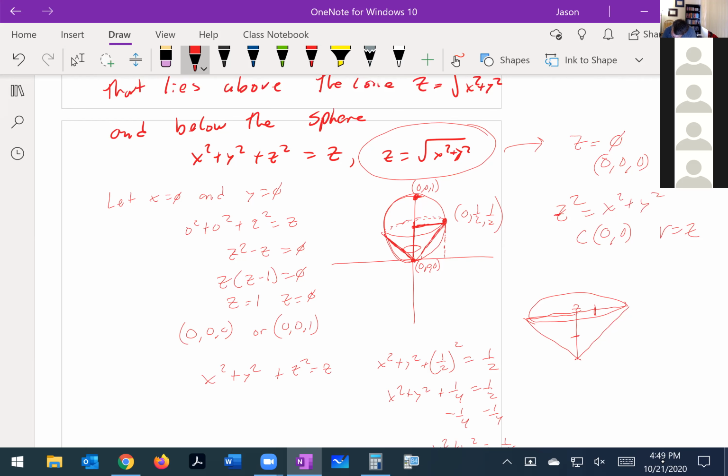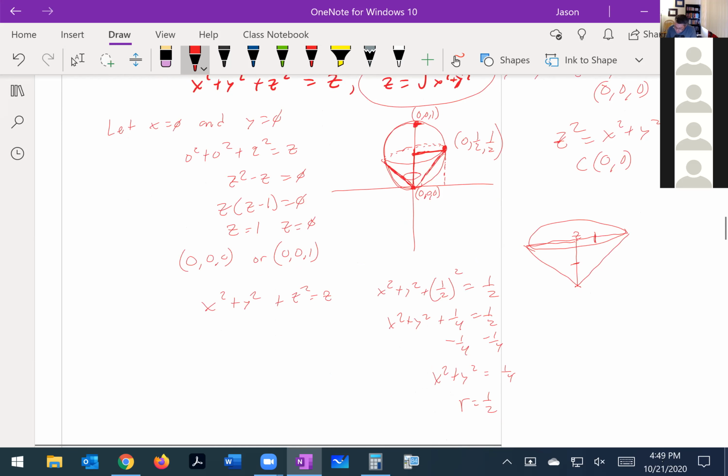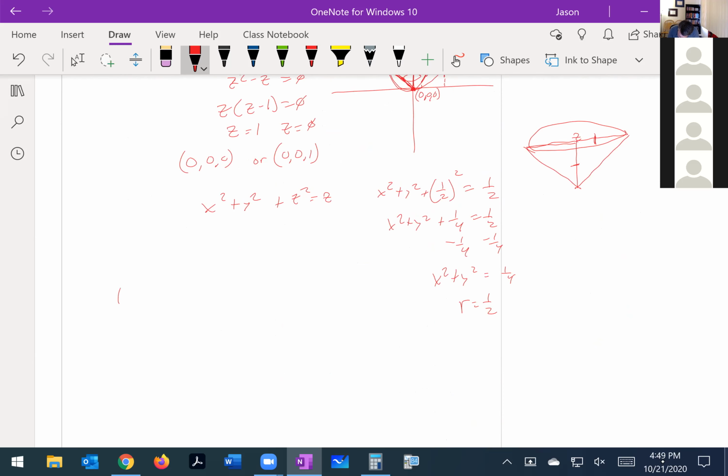What does that look like? Well, it looks kind of like an ice cream cone, to be completely honest with you. Isn't that really what we're looking for? It lies above the cone, but below the sphere. So it really is this whole solid. And we want to find the volume of that.